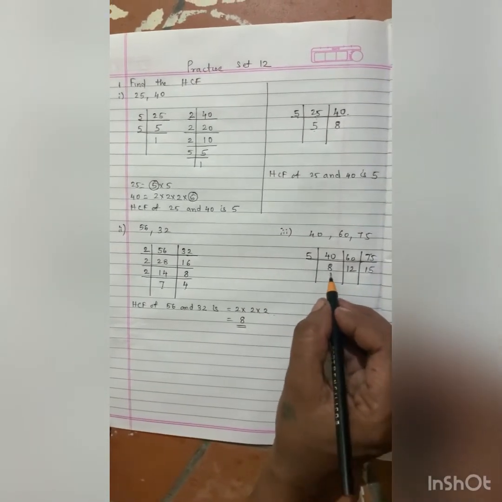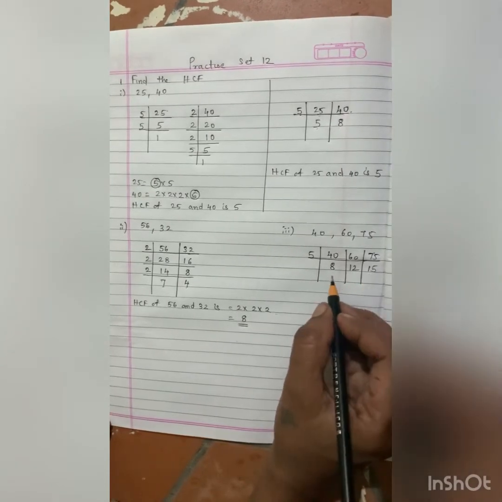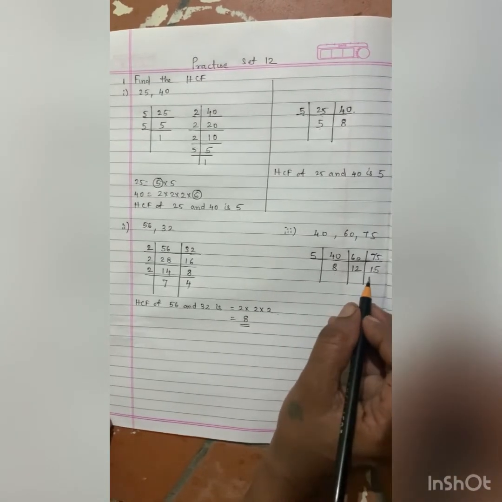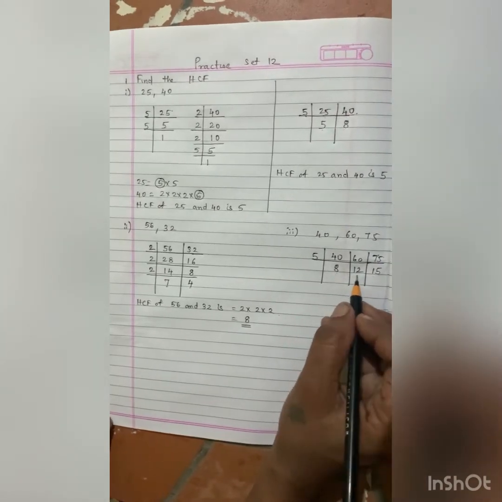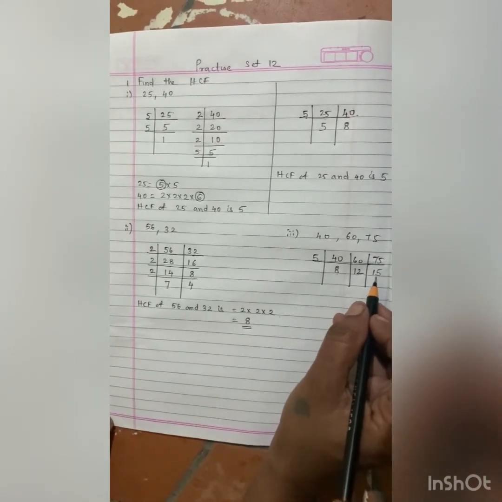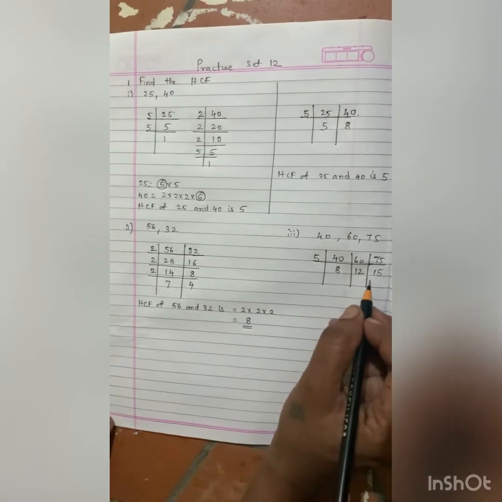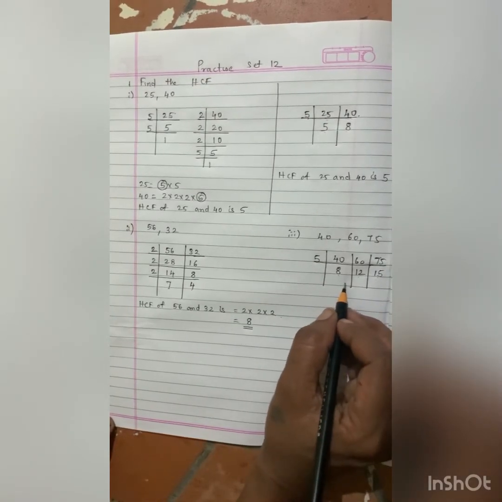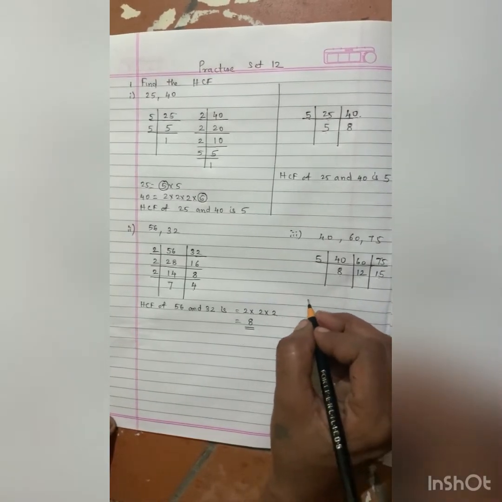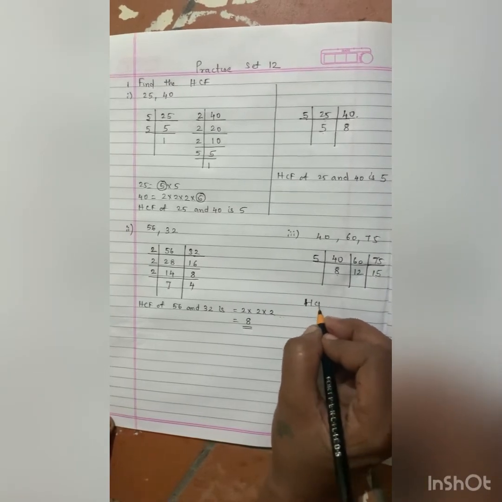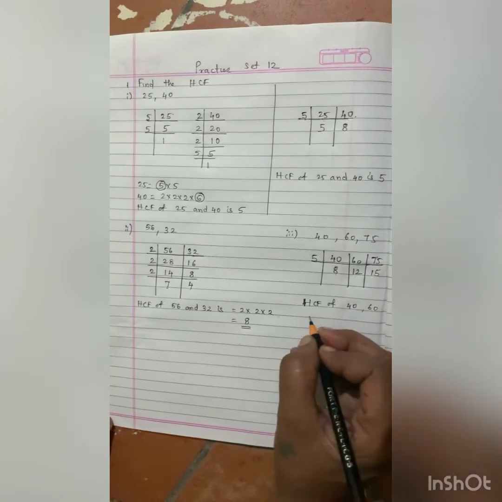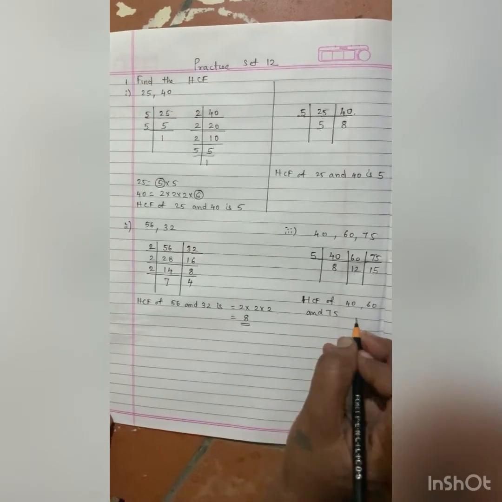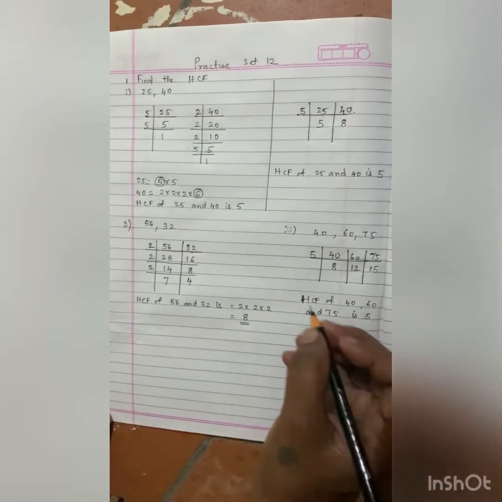So we got 8, 12 and 15. Again we have to see, can we find any common number for these 3? Here it is divisible by 2, it is divisible by 2, it is divisible by 3. So we cannot get a common number. So we can leave the sum here. So HCF of 40, 60 and 75 is 5.